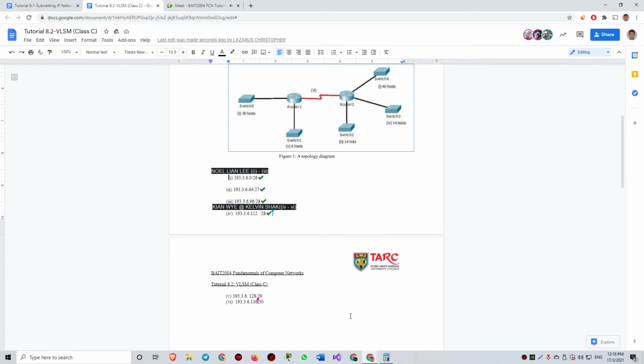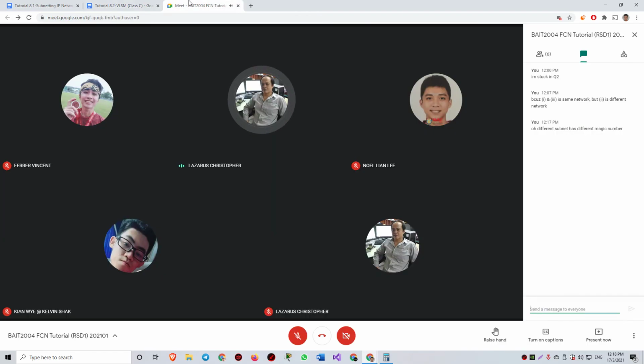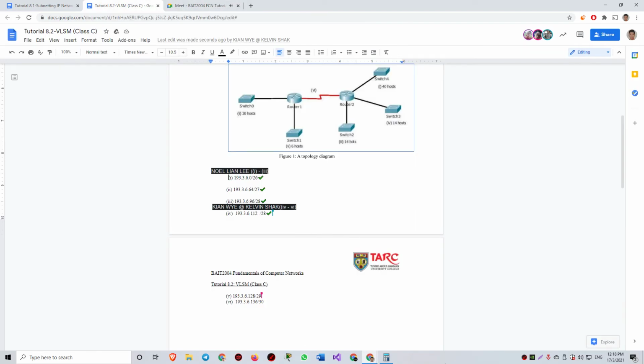Okay, and at 128, you borrow 1 bit more, /29. Correct, yeah, 128. So the next magic number after 16 is 8, right? So 128 plus 8 is 136/30. Is that all right?